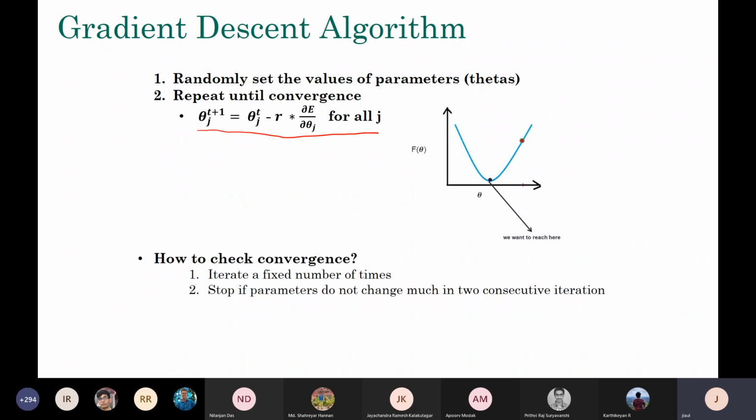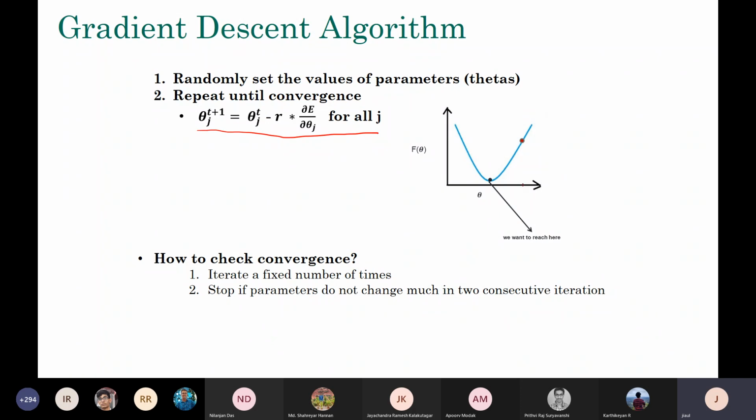Okay, that's it. So how do you check convergence? There are two possible ways. Either you iterate a fixed number of times, say 100 times, and then stop. Or you stop when the parameters do not change much in consecutive iterations.